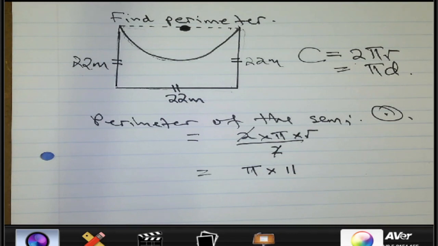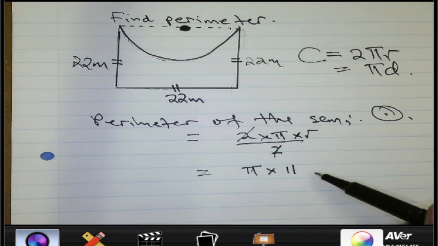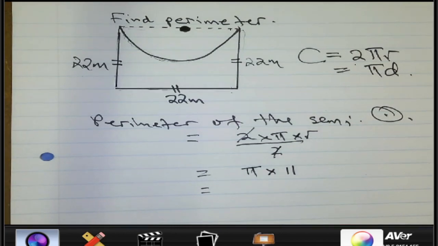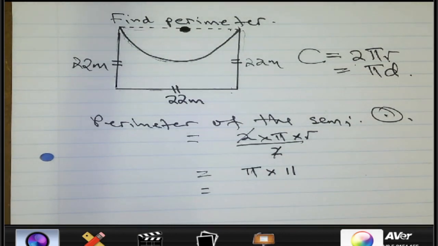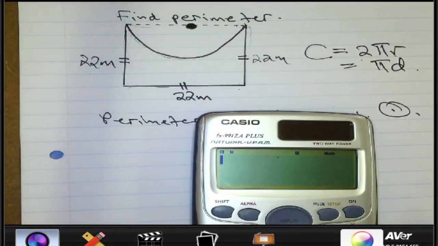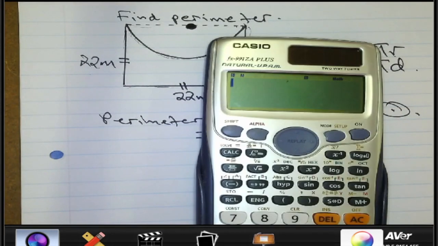So we end up with pi multiplied by 11. Now you can use your calculator to work out pi times 11. Pi, you need to shift, and then there should be pi somewhere there. And that is multiplied by 11. Let's give our answer correct to 2 decimal places.